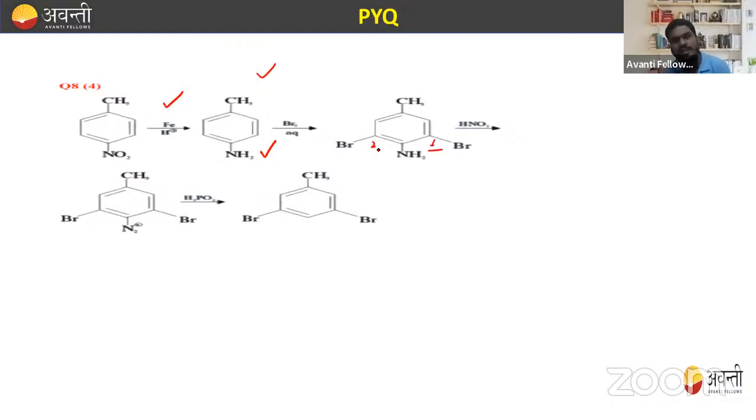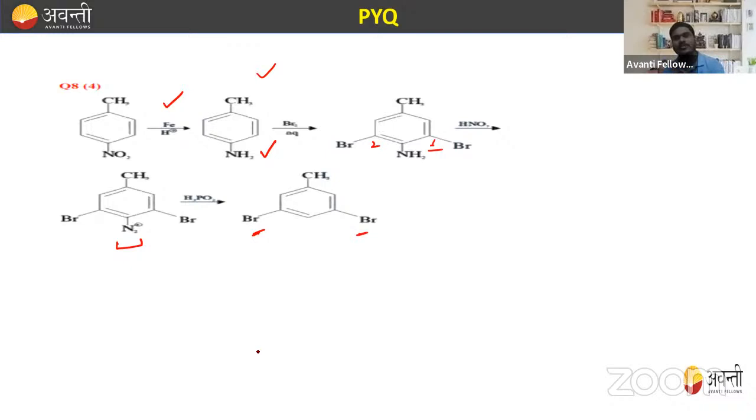So 2 and 6 dibromoaniline will form. Now, when we treat this with HNO2, this NH2 is converted into N2Cl. And then we treat it with H3PO2, the N2Cl group is removed by the H3PO2, leaving Br and Br only.